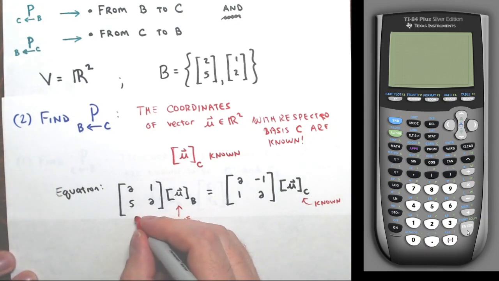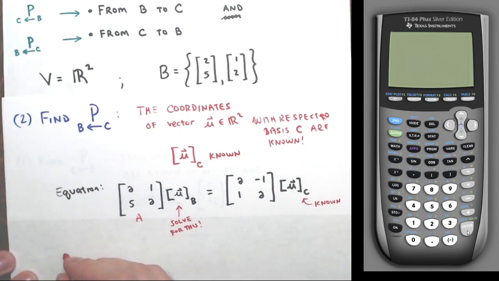So again, let's say I call this matrix A. A inverse is just, the determinant is 4 minus 5, which is negative 1. So negative, and then 2, 2, negative 1, negative 5.